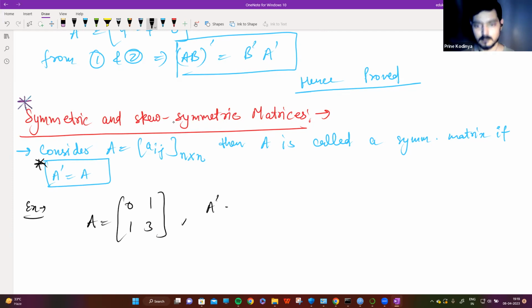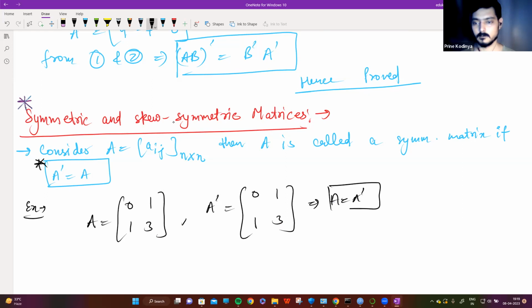A dash will be: first row is 0, 1 in A, so the first column would be 0, 1 in A dash. Then the second row in A is 1, 3, so this will become 1, 3. Now see, A and A dash both are the same. Hence it is called a symmetric matrix.